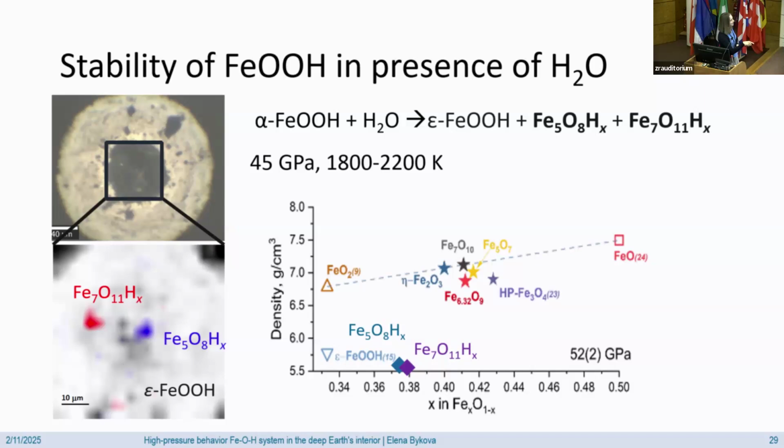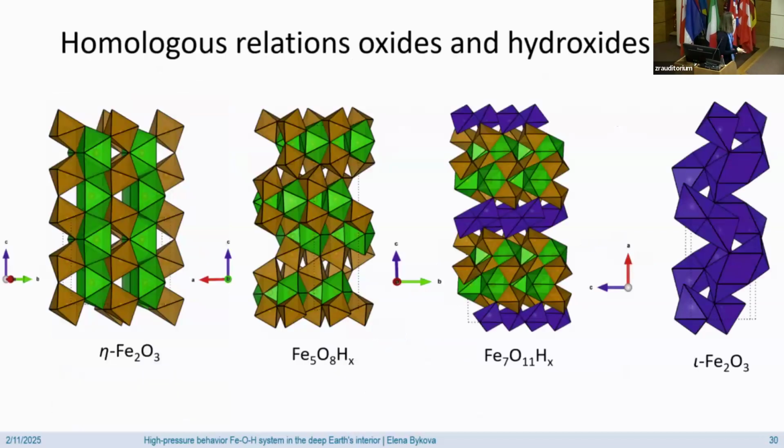If we plot the densities here, we see that their densities are way, way smaller than the corresponding densities of the oxides, suggesting that there is some hydrogen inside. So it really depends on what the starting material will be. And in a water-rich environment, in principle, we can also stabilize FeOH at lower pressures and synthesize other new water carriers.